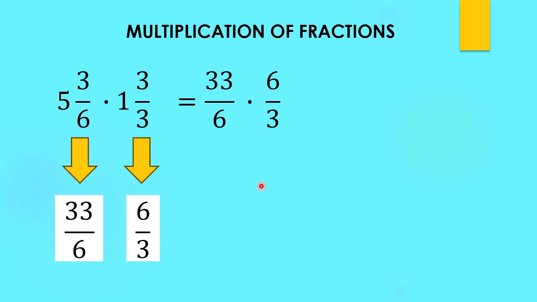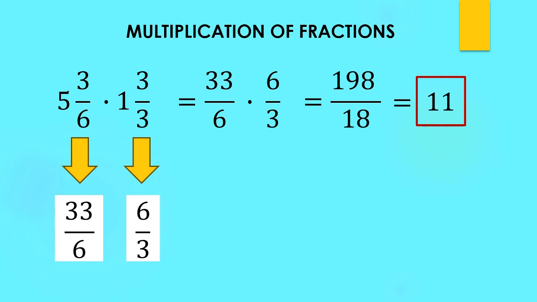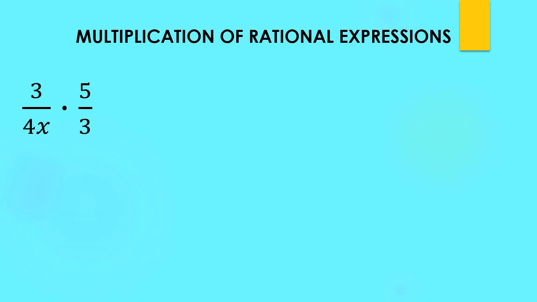To multiply, numerator to numerator, then denominator to denominator. So 33 times 6 is 198, and then 6 times 3 is 18. Then 198 can be divided by 18, which gives us 11. So our final answer is 11.